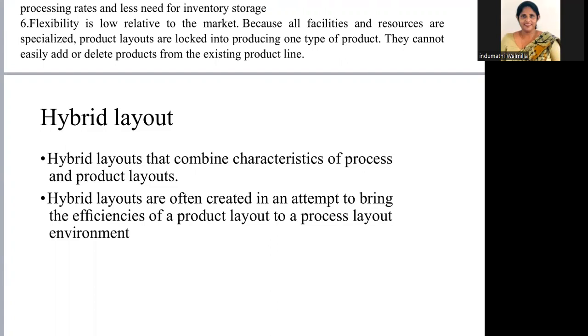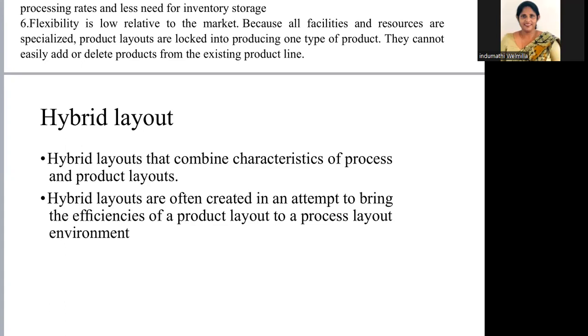In this type of layout, dissimilar machines are grouped together into a work center, which manufactures a family of products.